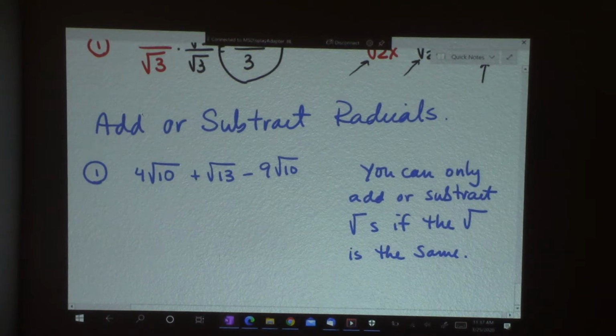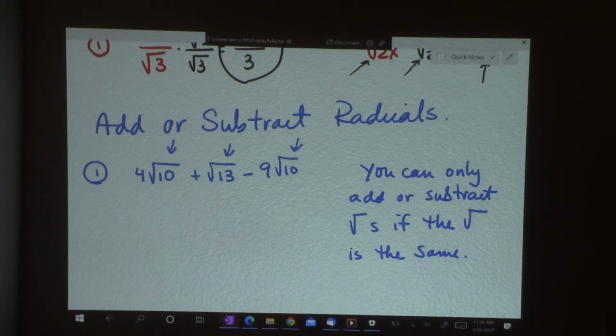Okay, so when I'm looking at this problem, I see that I have the square root of 10, the square root of 13, and the square root of 10 again. So it's just like if I had an x here and an x here. Those I can combine. They have the same square root.